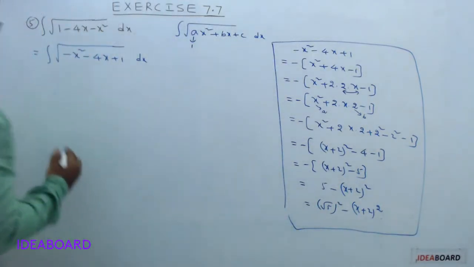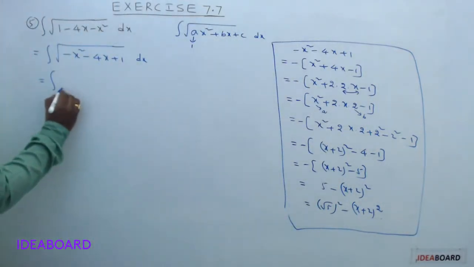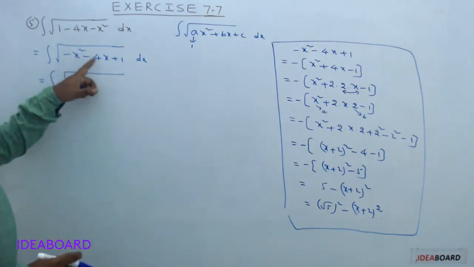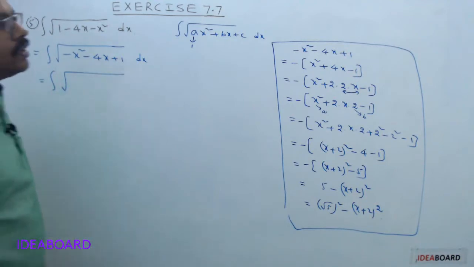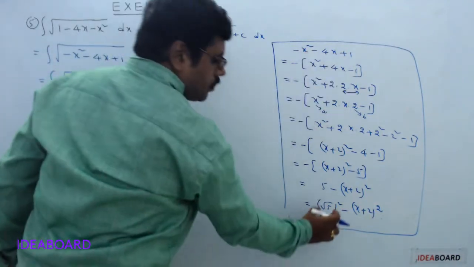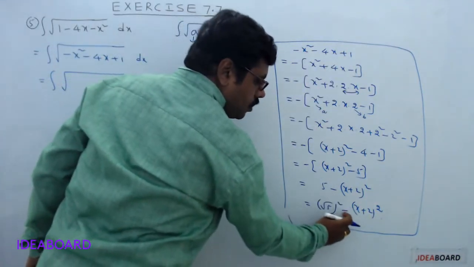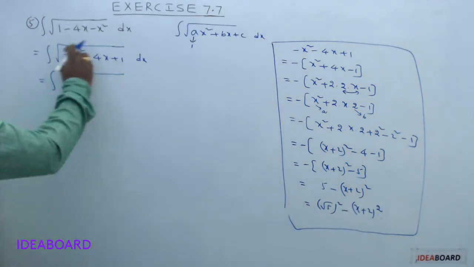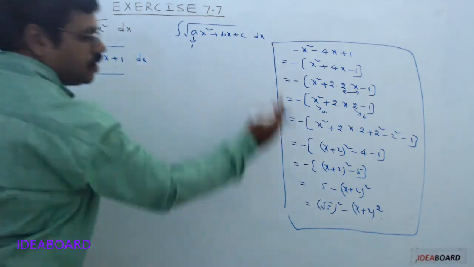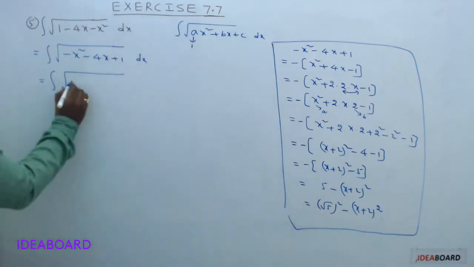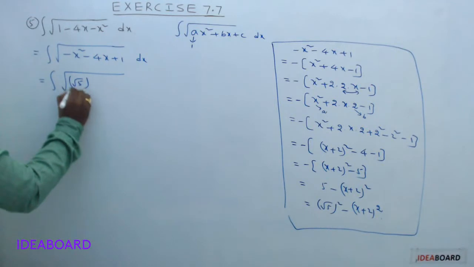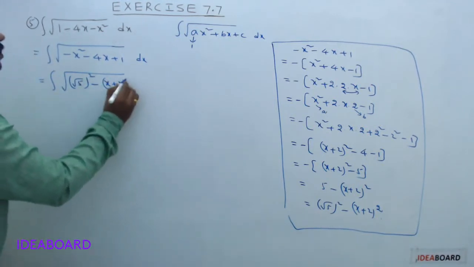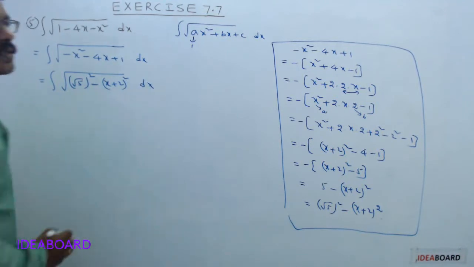Now come to our given problem. This is integral square root of, in place of minus x square minus 4x plus 1, you can write this expression: root 5 whole square minus x plus 2 whole square dx.